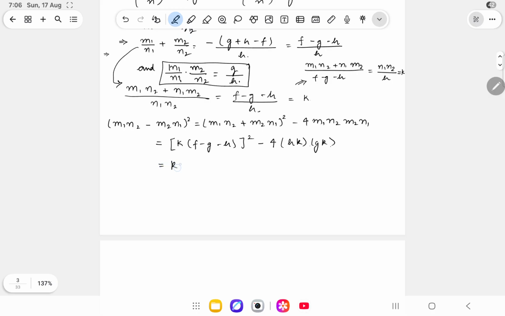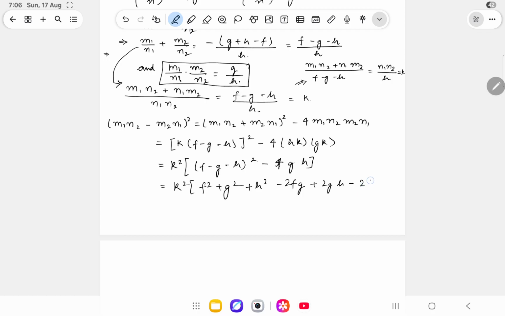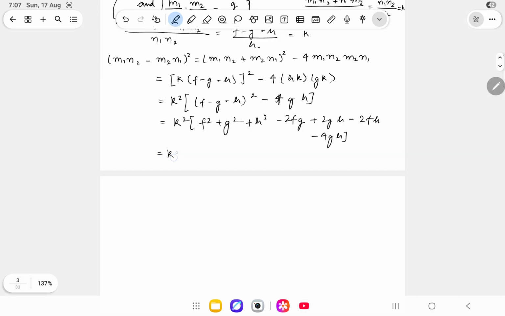If we simplify it, taking k square common, we get f minus g minus h square minus 4gh, which is equivalent to k square times f square plus g square plus h square minus 2fg plus 2gh minus 2fh minus 4gh, which is equivalent to k square times f square plus g square plus h square minus 2 times fg plus gh plus fh.